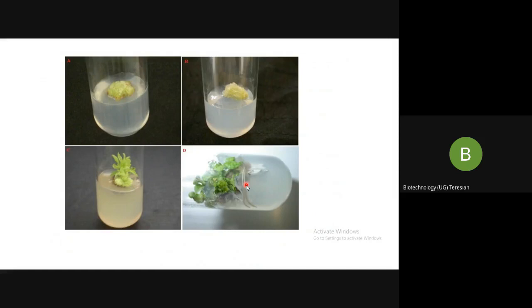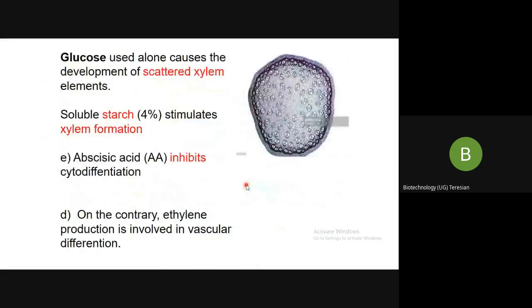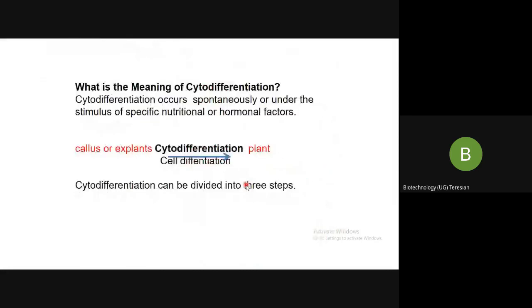So before we conclude our chapter on cytodifferentiation, I would like to recall what totipotency is all about. Remember students, whatever manipulation we are doing with a plant, we are doing it in the laboratory, by in vitro method.